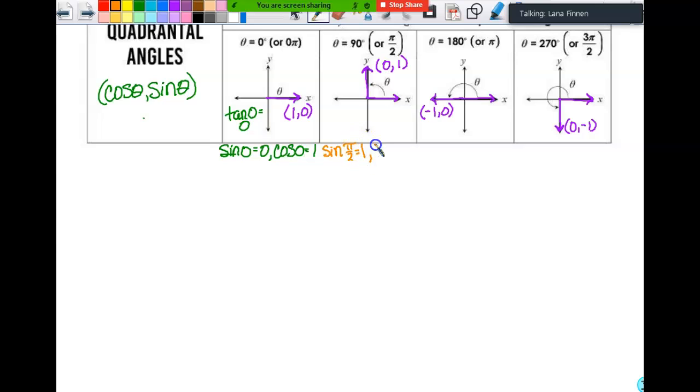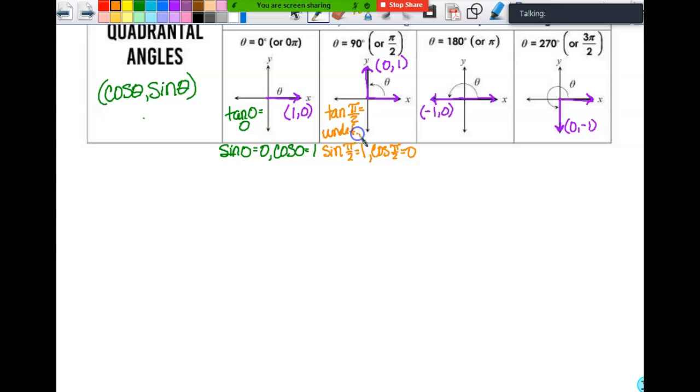It is 1. The cosine of pi halves is what? 0. The tangent of pi halves is undefined. Very good.